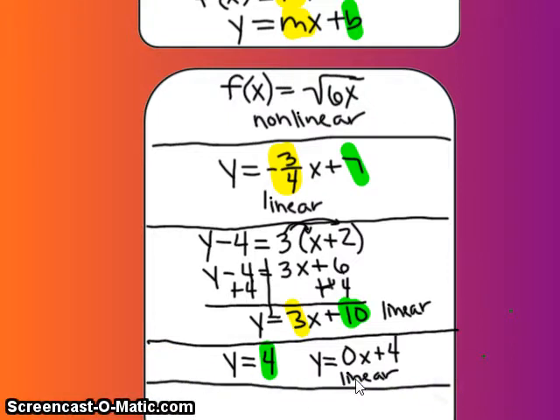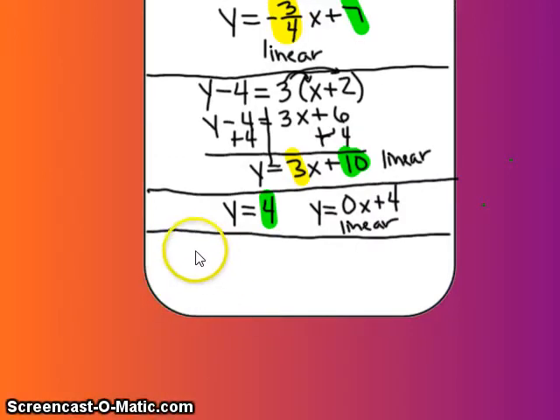Alright, last example here. Y equals 5 over x plus 2. In this problem, you can think of 5 as the constant, or as the coefficient. But the adding 2 is definitely the constant. There's no variable there.